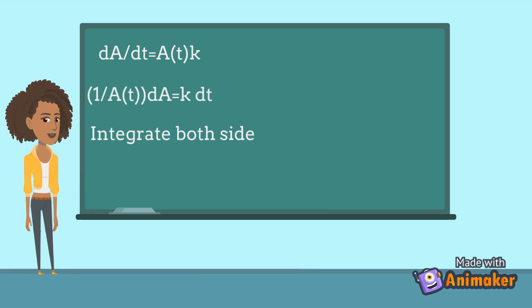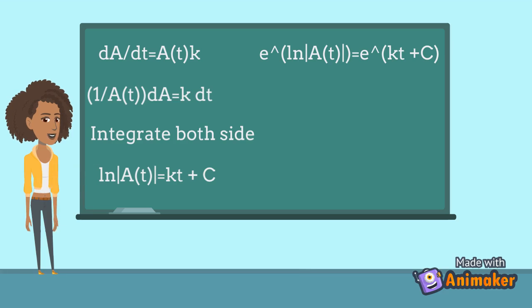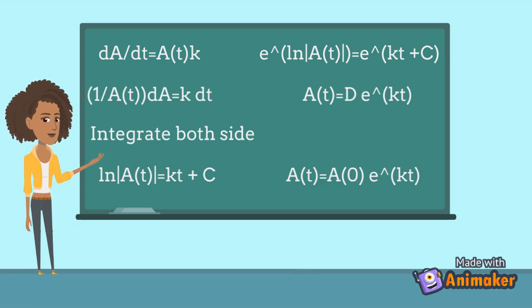Then we separate the term A and the term t, and we integrate both sides with respect to A and time, respectively. We want to leave the equation in terms of the amount of carbon corresponding to the time. Thus, we exponentiate both sides, and we will get this formula. Here we go. The formula that we will be using to find the age of the fossils.